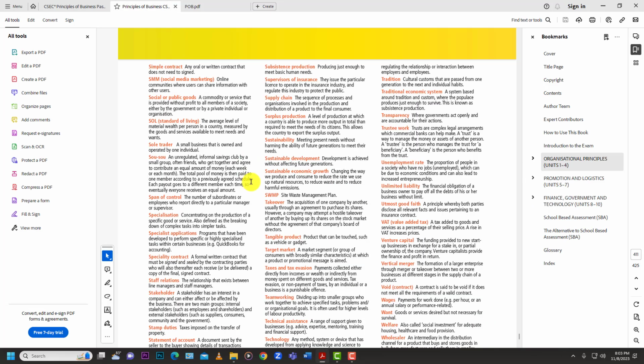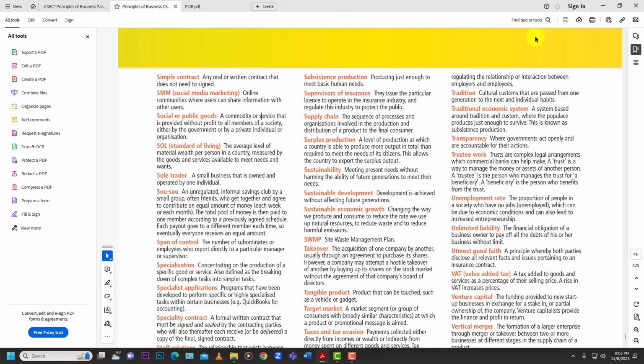And if you go to your textbook, we have a nice glossary of terms right there. And to the top here, we have a simple contract. So, a simple contract is any oral or written contract that does not need to be signed.